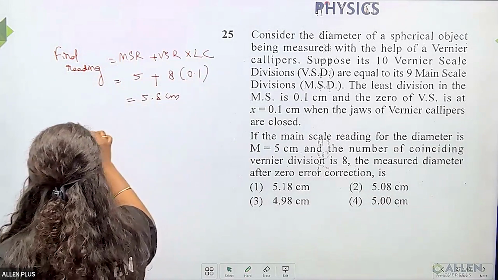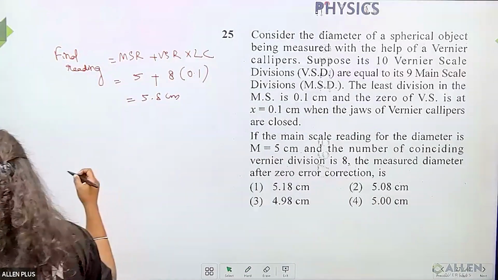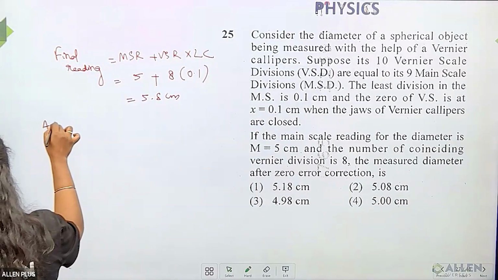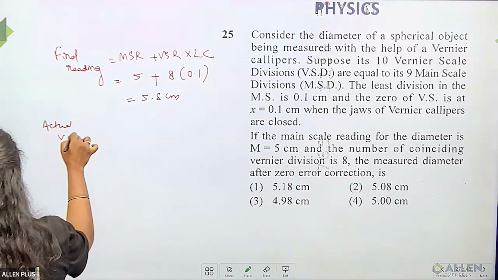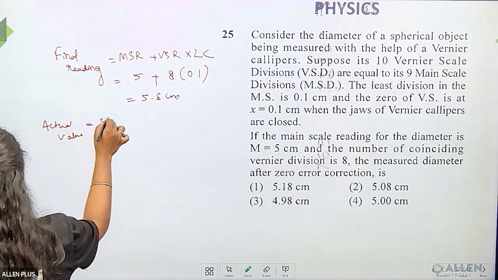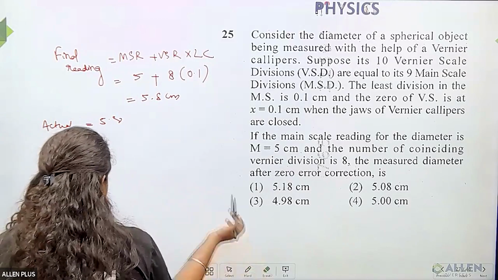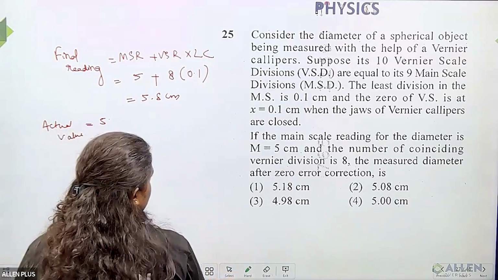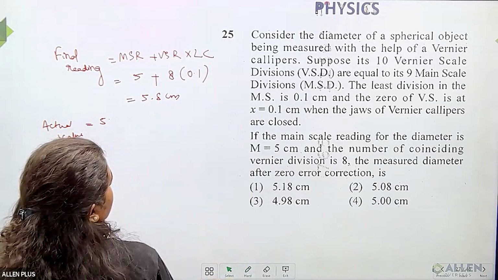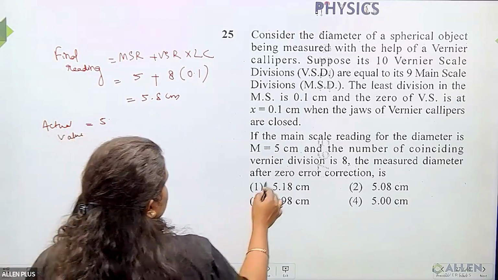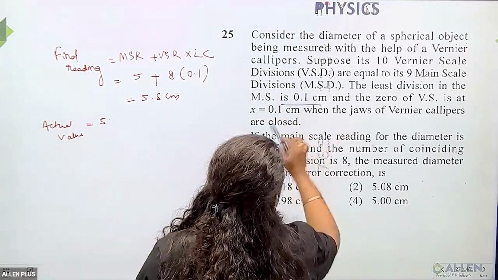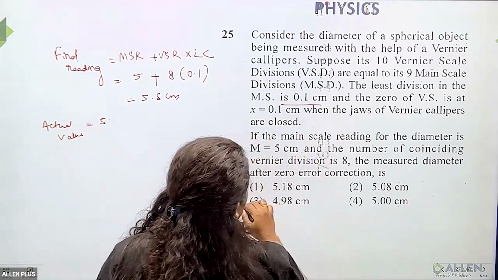But this is not the answer. 0 error is there, so you have to do the 0 correction. The actual value is equal to 5.8 minus the zero error, given in centimeter.